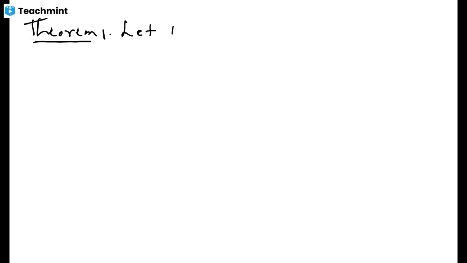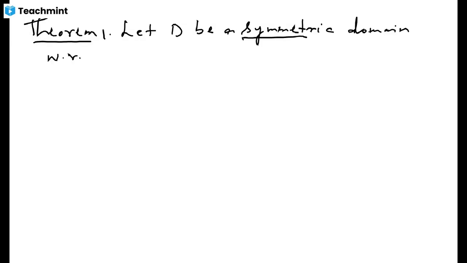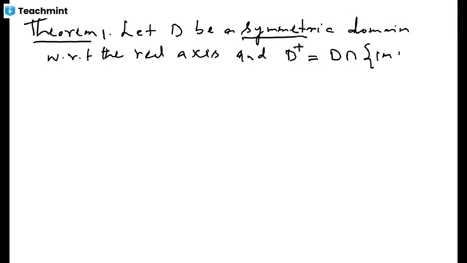Let D be a symmetric domain with respect to the real axis, and let us take D plus to be the part of this domain that lies in the upper half plane.